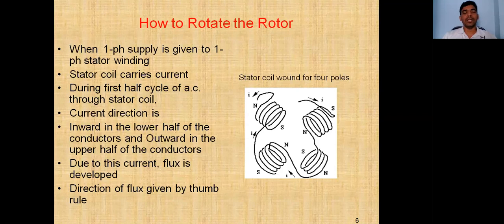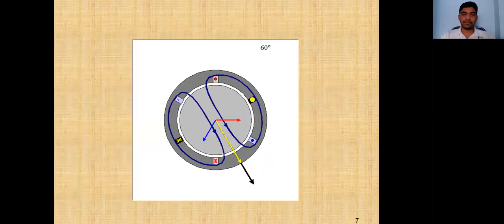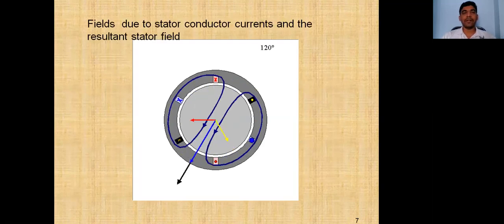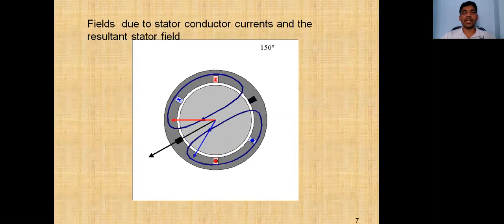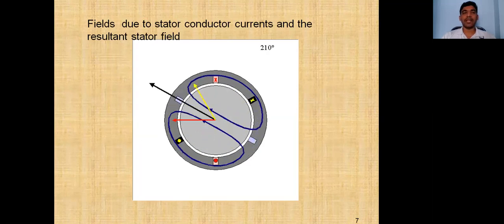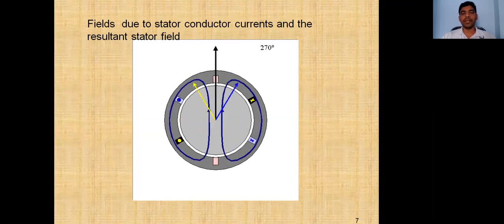So due to this current, flux is developed. The direction of flux is given by the thumb rule. The fields due to the stator conductor currents and the resultant stator field are shown here.